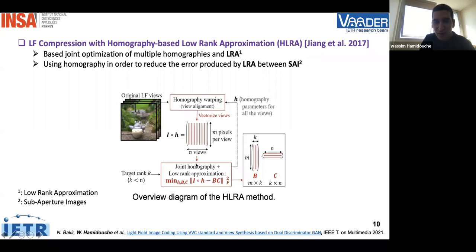We try to minimize the distance, here the Frobenius distance, between the warped light field images and its low rank decomposition into matrices B and C. And then only these two matrices B and C at level k, for example k vectors or k singular values, will be transmitted to the decoder, enabling a very high level of compression. So this solution mainly focuses on homography and low rank approximation.